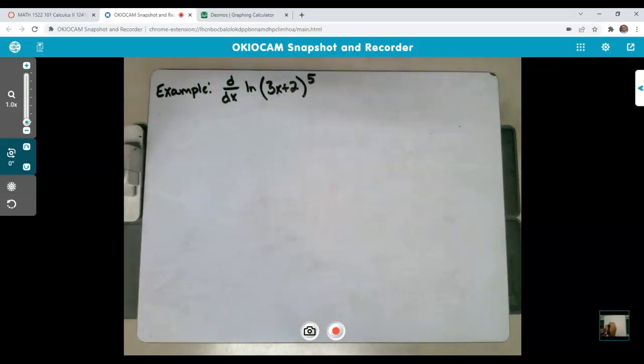Okay, I wanted to make a note about how this is written out. If there was a bracket right here, what this would mean is I'm taking this entire thing raised to the 5th. But the brackets aren't there.